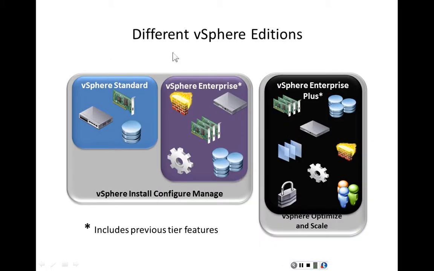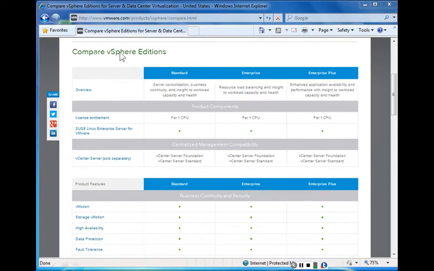Let's now discuss the different vSphere editions: vSphere Standard, vSphere Enterprise, and Enterprise Plus. 3 different editions. If we go to www.vmware.com and we compare the vSphere editions, we see Standard, Enterprise, and Enterprise Plus. And if we look at the basic features, vMotion, creating virtual machines, etc., there's not really a difference between Standard, Enterprise, and Enterprise Plus.